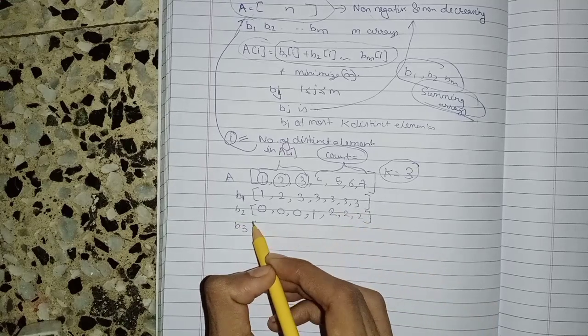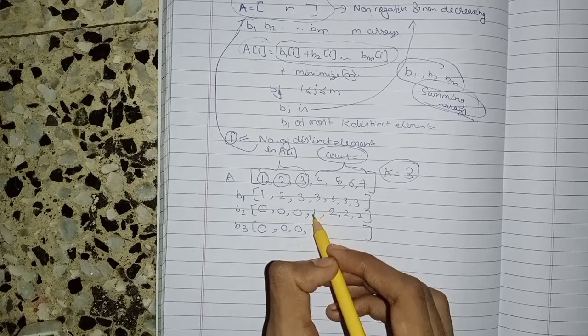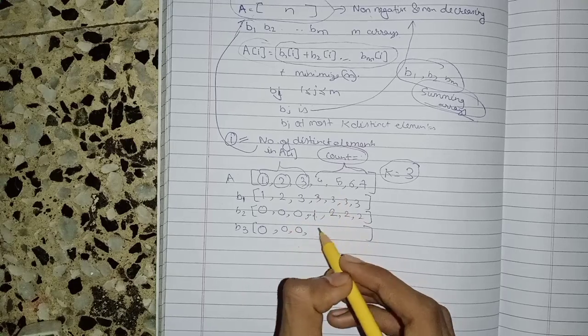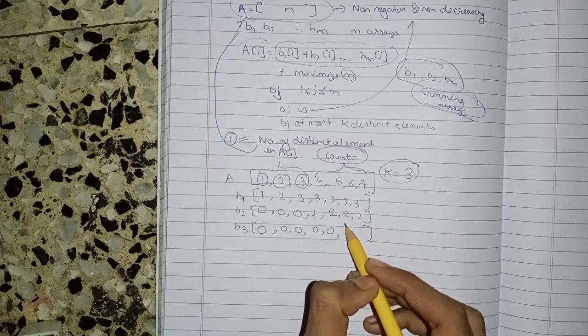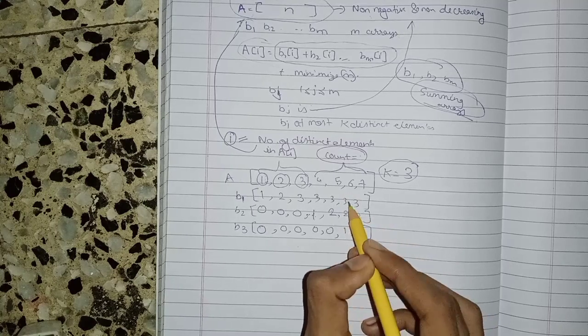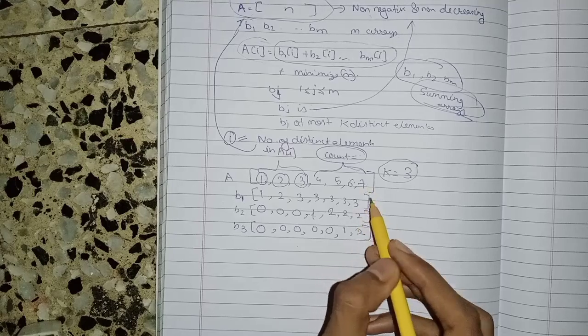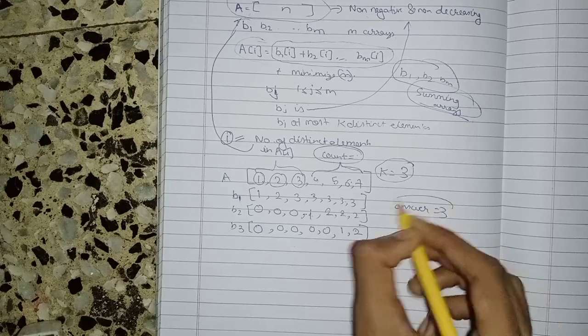And now we write b3 such that we have taken care of this 4 and 5 in b2, so all these terms will be 0, and the last two digits will be 1 and 2, because 1 plus 2 plus 3 is 6, and 2 plus 2 plus 3 is equal to 7. So in this way we get answer is equal to 3.